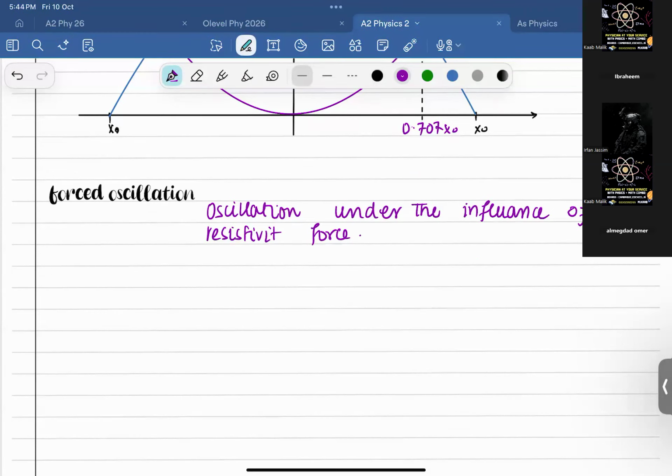Okay. So this is the concept. This is the forced oscillation. Okay. And forced oscillation is also known as damping. Like, the forced oscillation is basically the oscillation under the influence of resistive force. Okay. And the cause of the forced oscillation is known as damping.